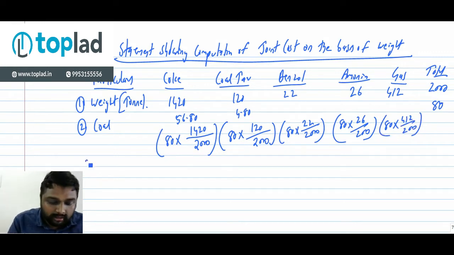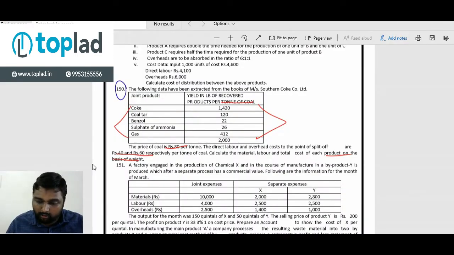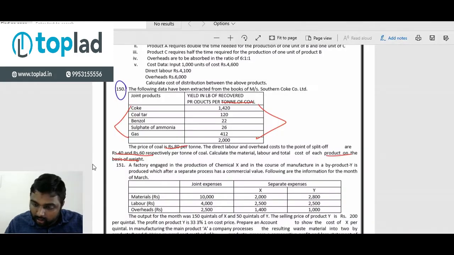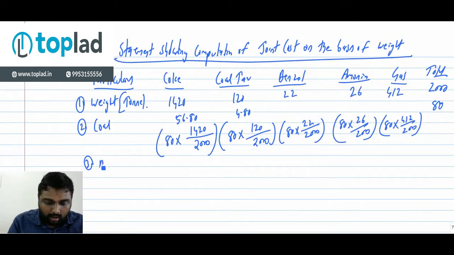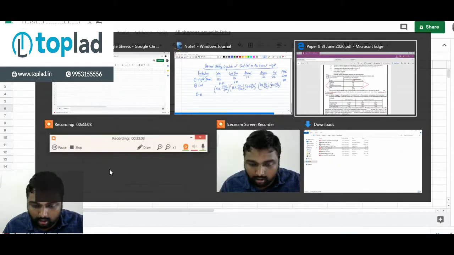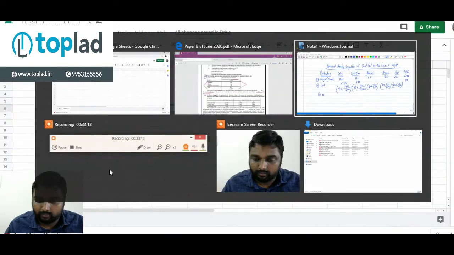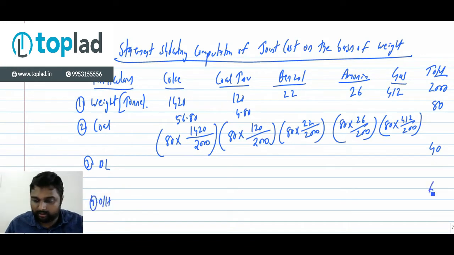No. The same way we have to do for the split-off labor and overhead. Direct labor is 40, overhead is 60. So we have to do it for each item.